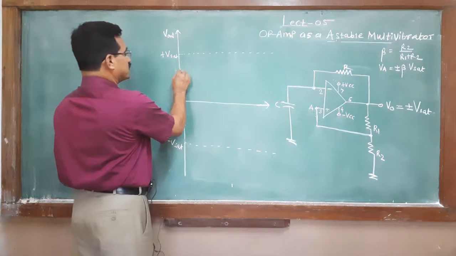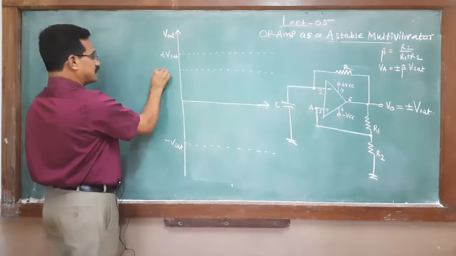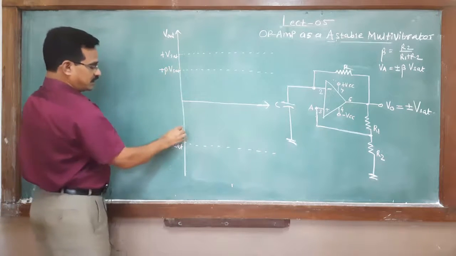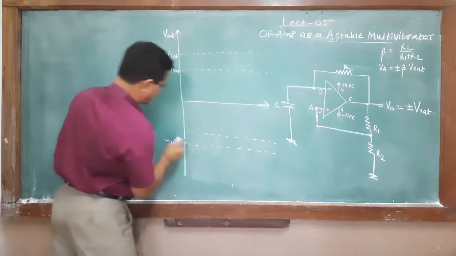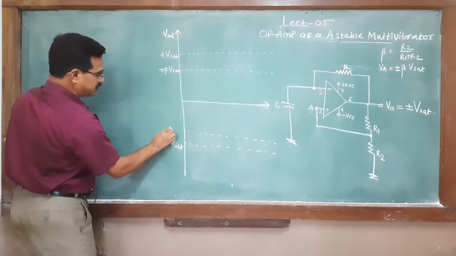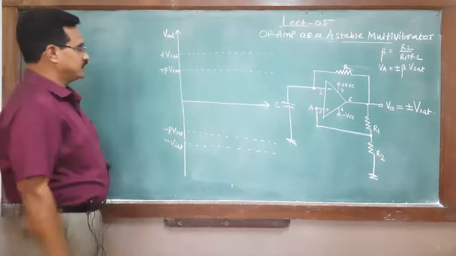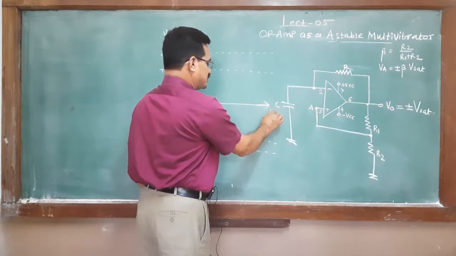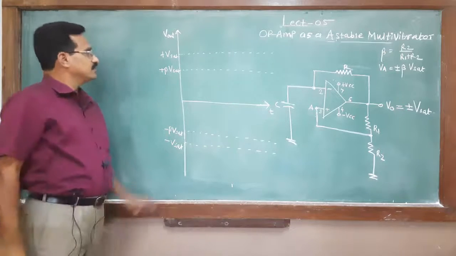For that purpose we consider these two terms: here plus beta V saturation, and here minus beta V saturation. This is the situation. This is how the output changes with respect to time. We consider the time t. Output.